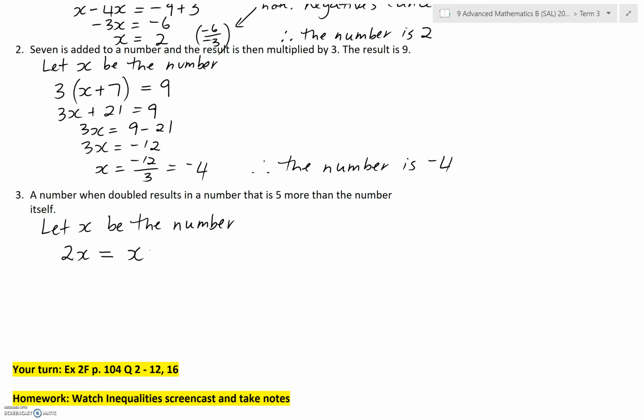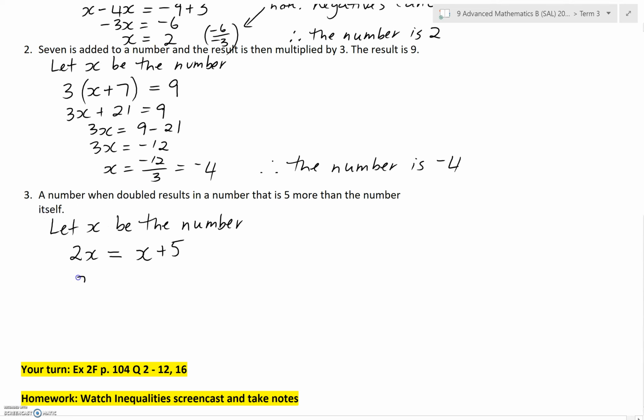So 2x equals x plus 5 more. So 2x equals x plus 5. Now, this one's pretty simple to solve. 2x minus x is going to give us x, which is going to give us 5. So in this case, the number is 5.